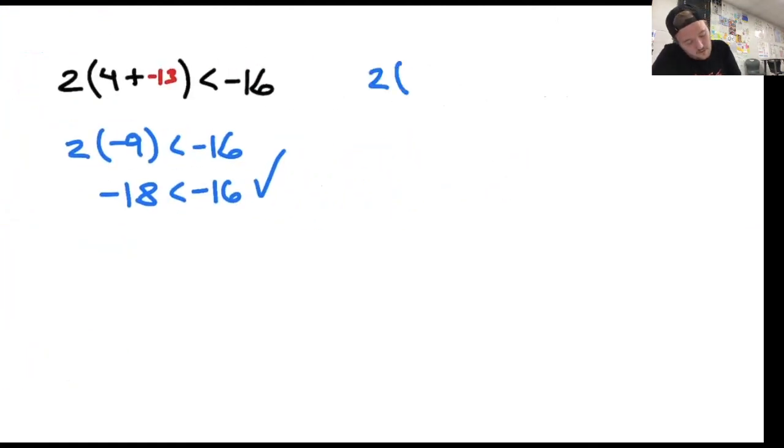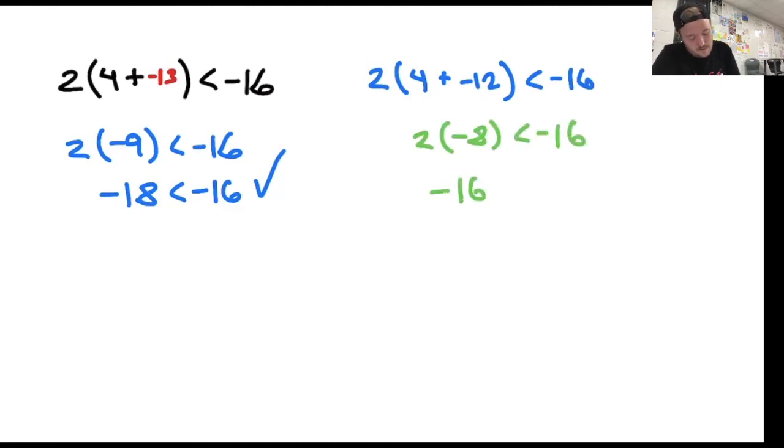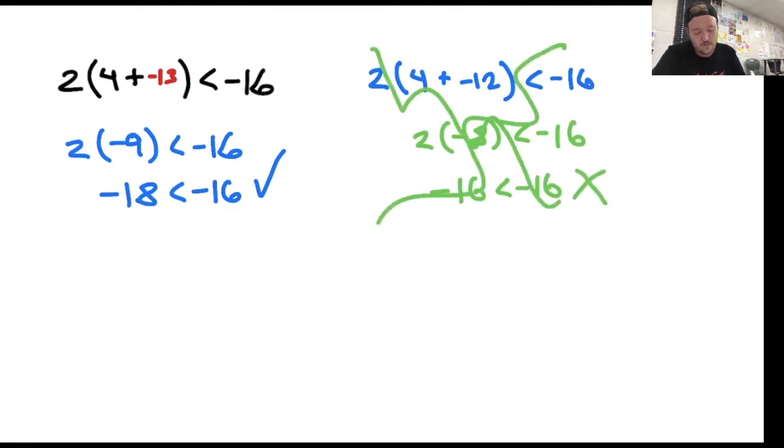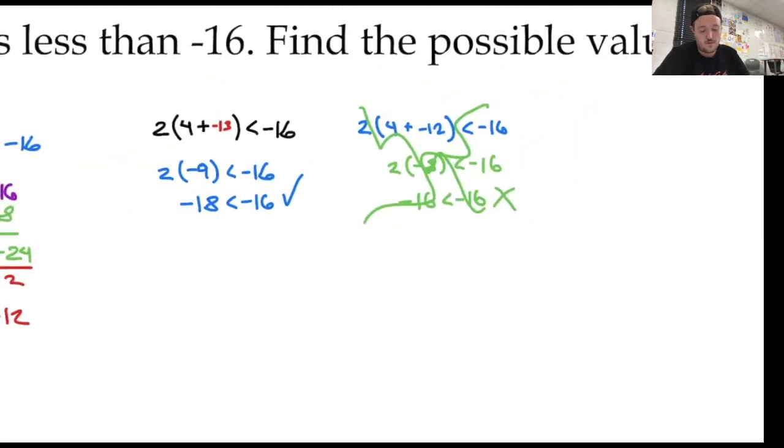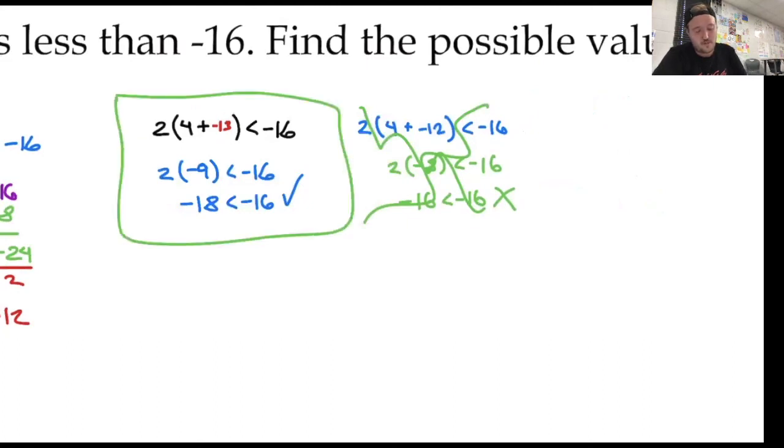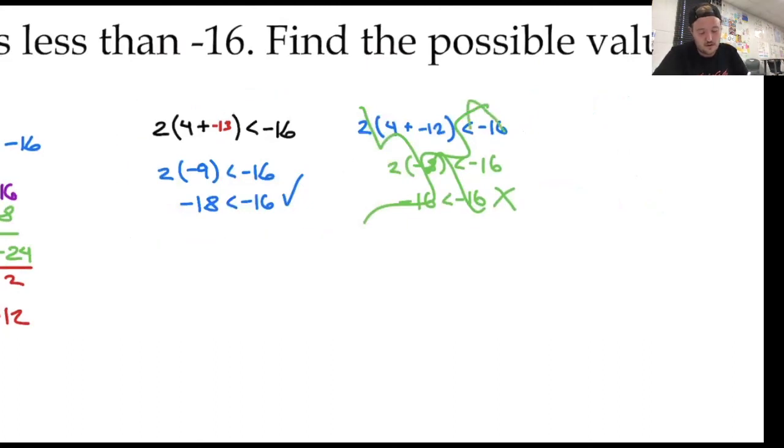So 2 times 4 plus a negative 12. You're going to get 2 times negative 8, so negative 16 less than negative 16. That is false. It doesn't work. That's why you have to plug in a value that's actually less than negative 12. So this is actually what you would use to check, not this.